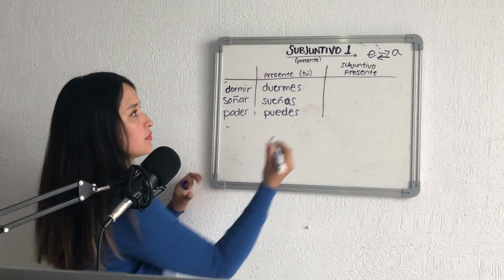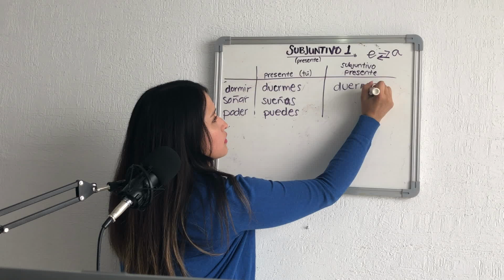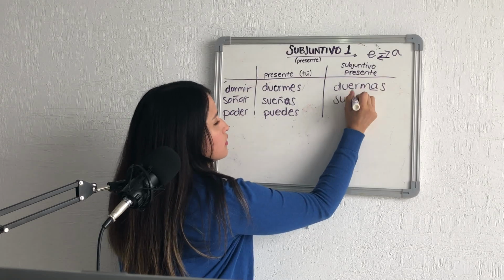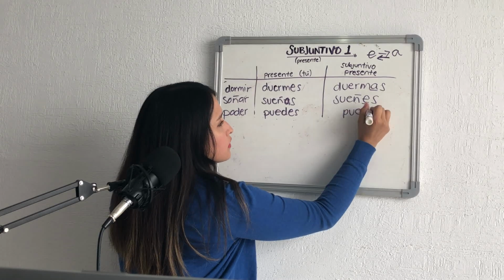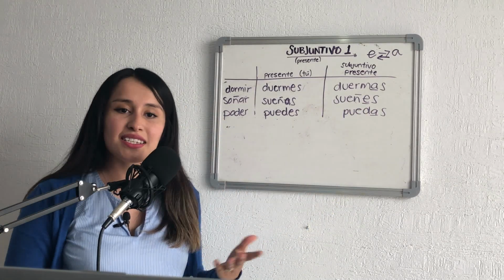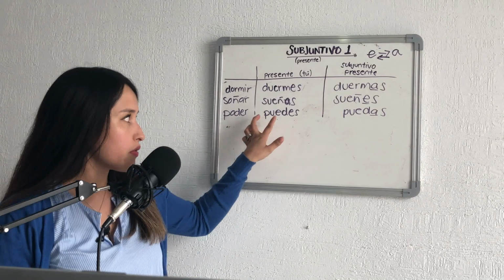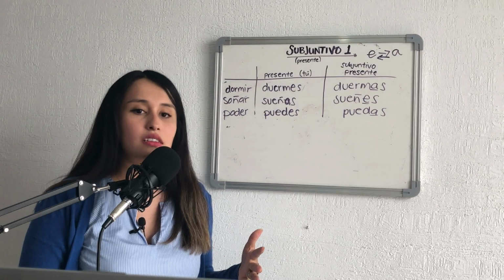Pretty simple. There you go. So it's basically the same. It's just that the root of the verb changes a little bit because the present tense changes a little bit.